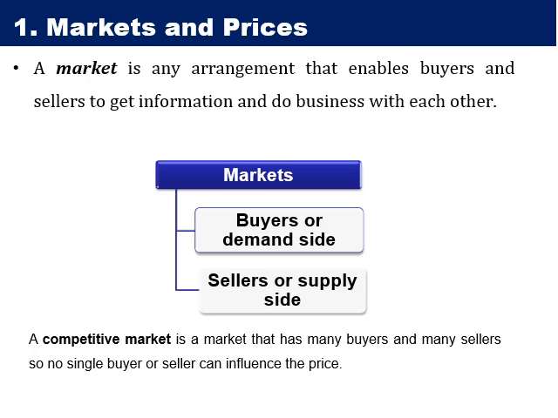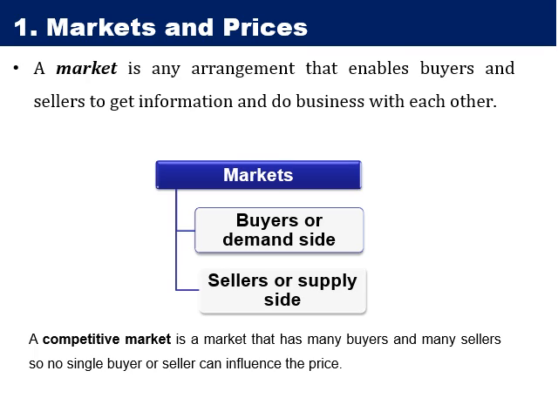We can define the market as any arrangement that enables buyers and sellers to get information and to do business with each other. So the market enables consumers and producers to connect so they can exchange commodities and make transactions.